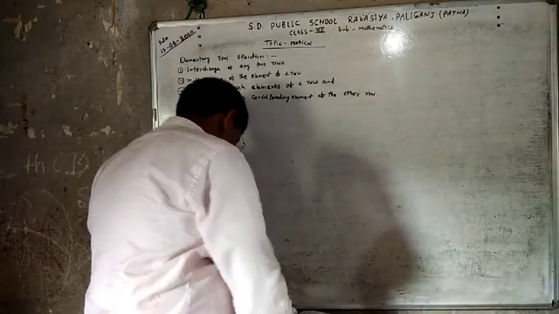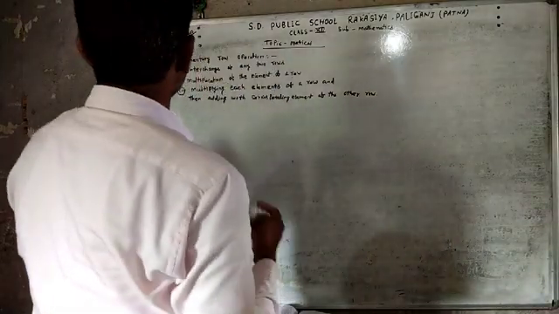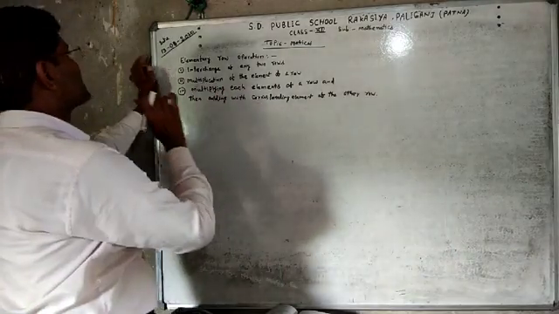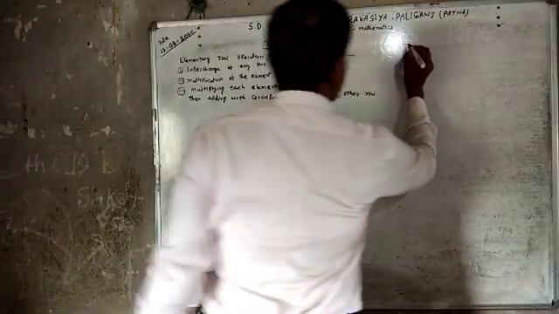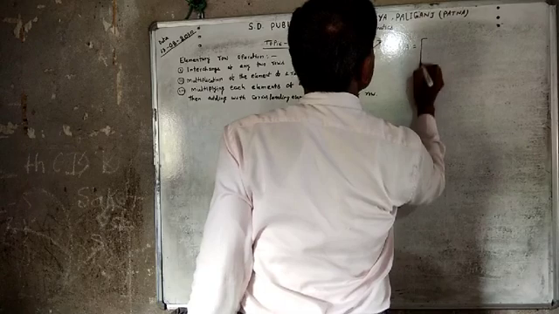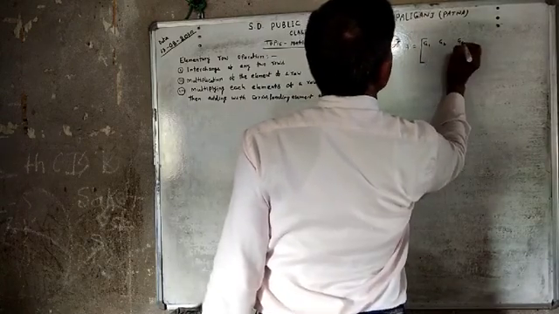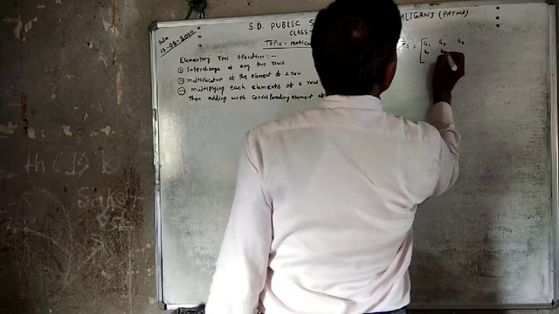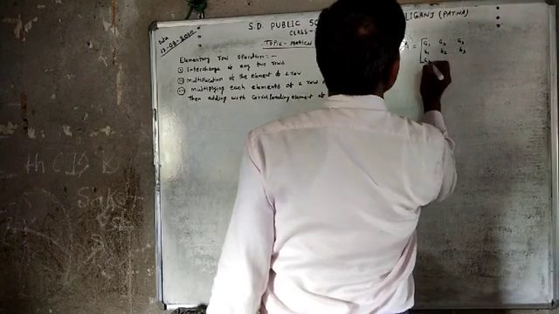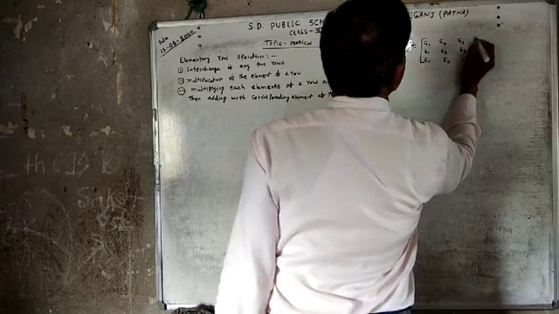Suppose a matrix A is given, and it is a square matrix with elements A1, A2, A3, B1, B2, B3, C1, C2, and C3.